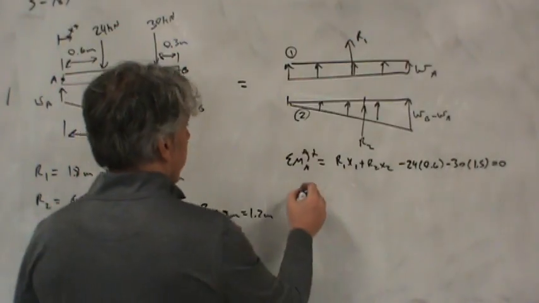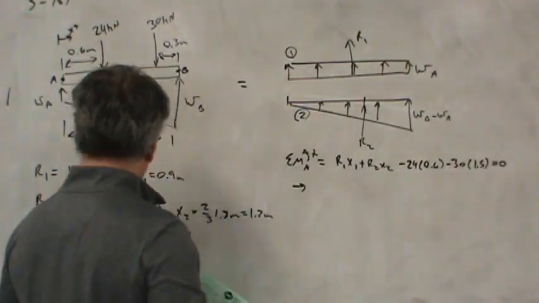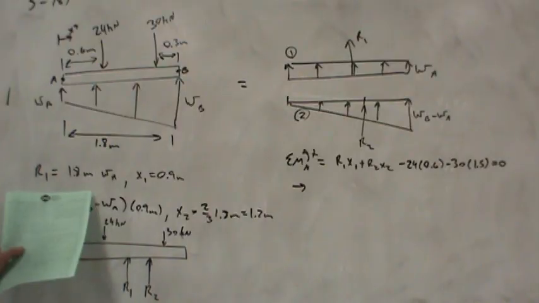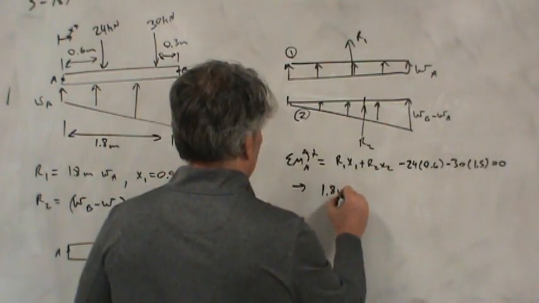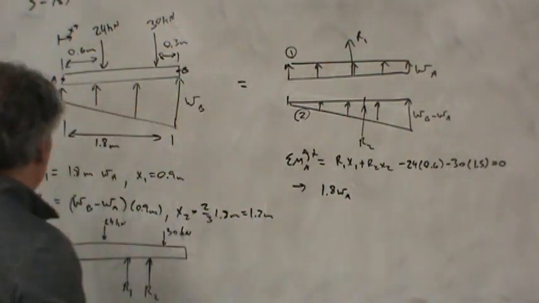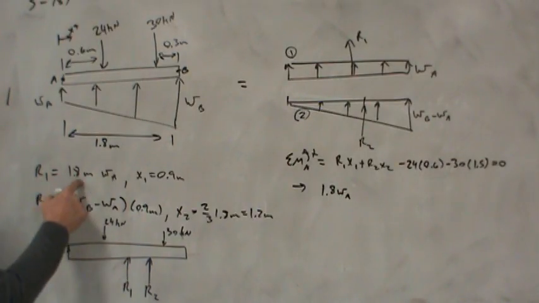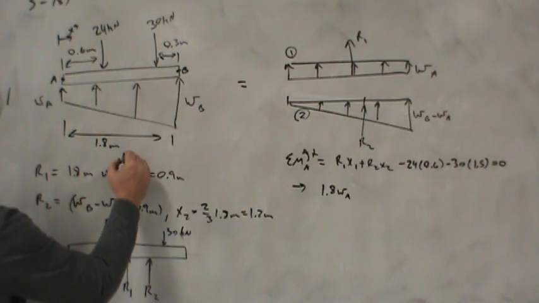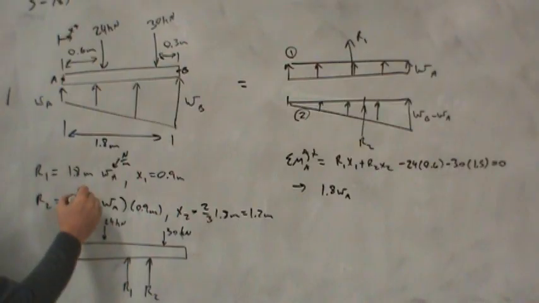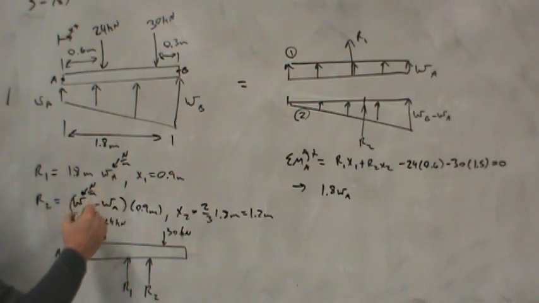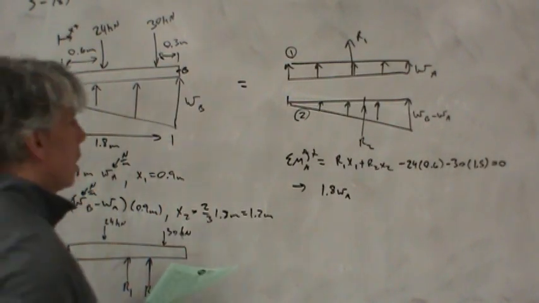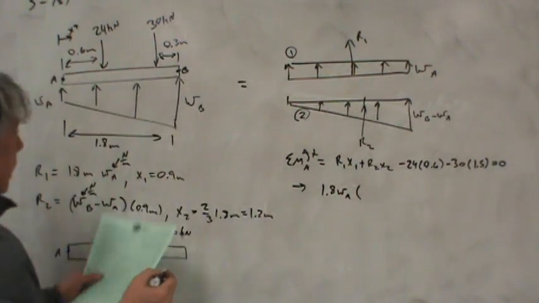Now let's plug in what we know. R1 can be expressed as 1.8 WA. And let's be careful here. R1 would have units of newtons. If this is meters, then WA is going to have units of newtons per meter. Same argument for B, newtons per meter. So that's R1. X1 is 0.9.